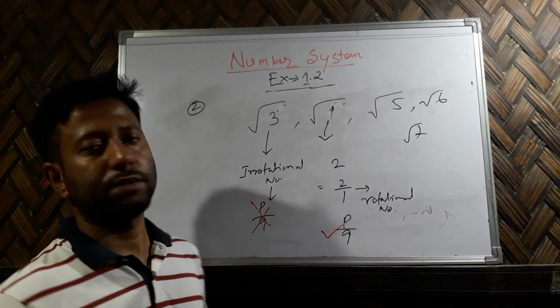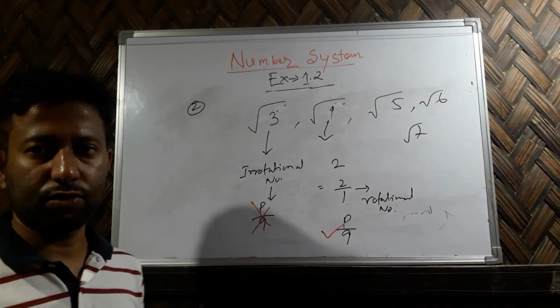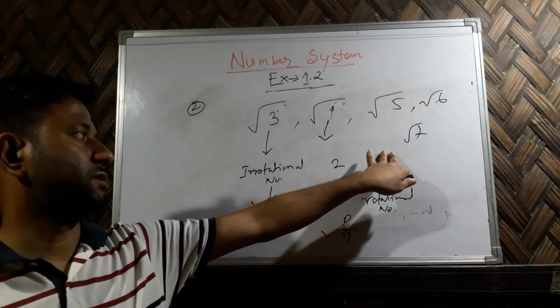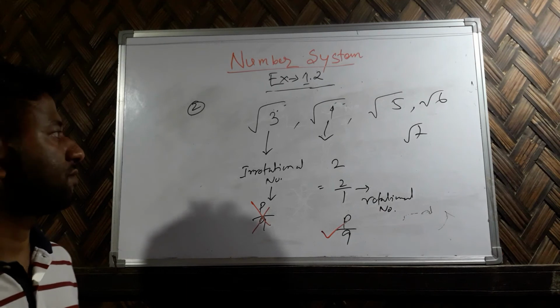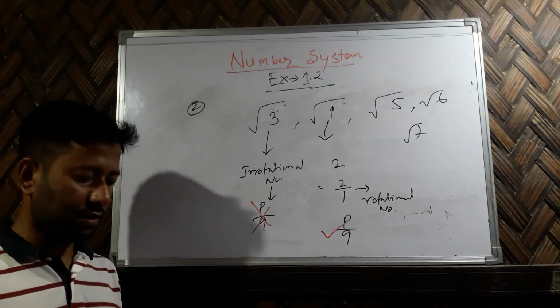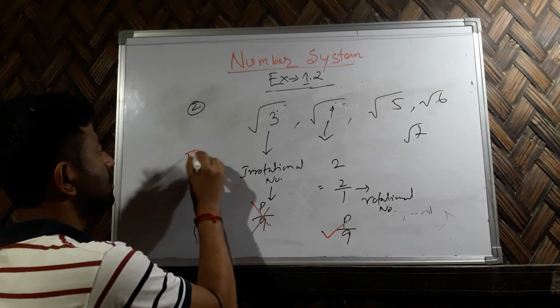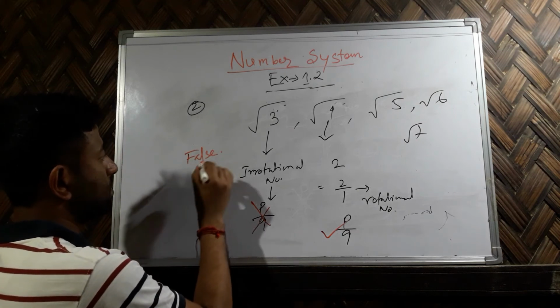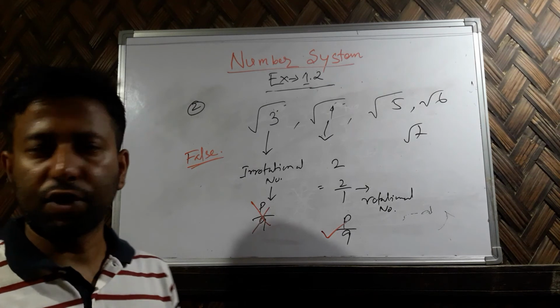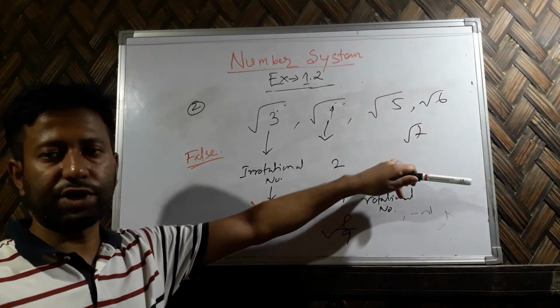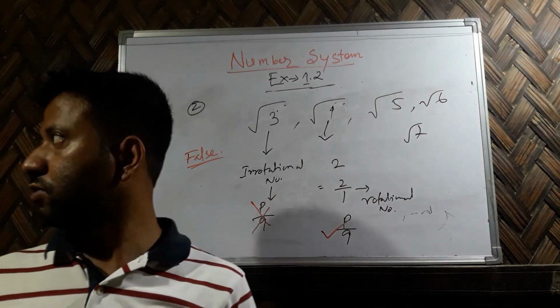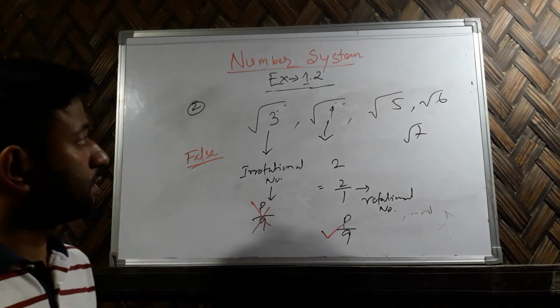So whatever the statement given, that all the square roots of positive integers are irrational numbers, that's a false statement. So what should be the answer? This is false. For example, I can say root 4, root 9, root 16, root 25, root 125, all these things.